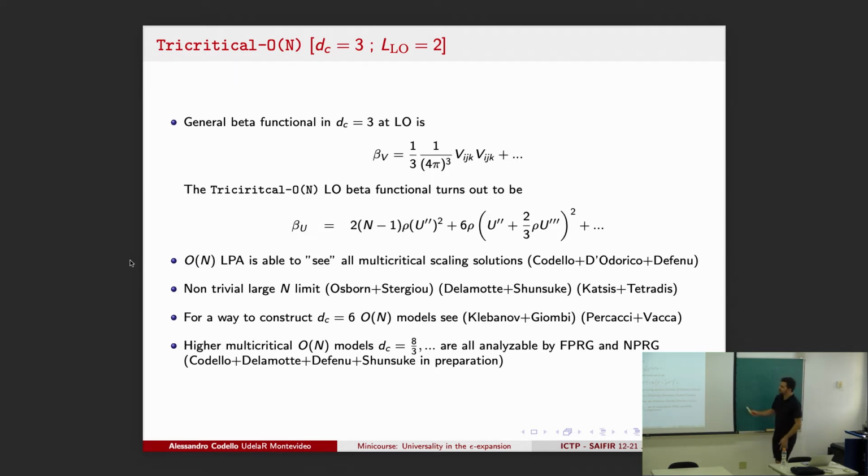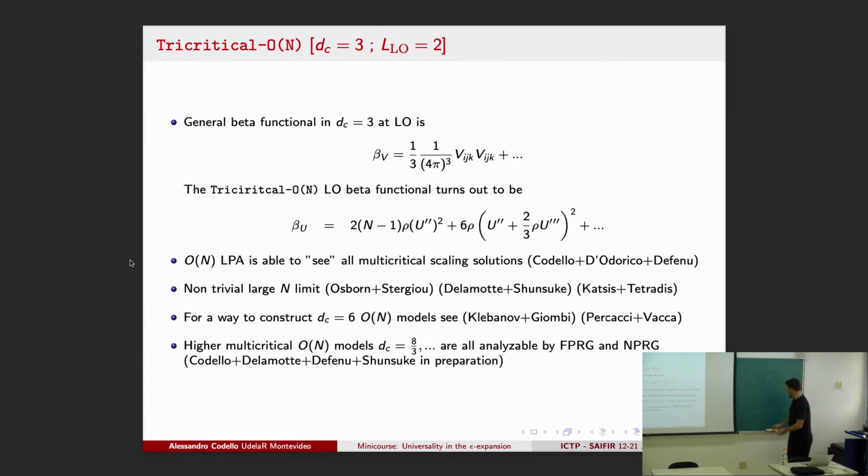So actually, we were able to see this critical version of the ON model, exactly like I explained yesterday, with the non-perturbative RG. We were able to see the multicritical models. And this is a tool that allows us to control the system away from the upper critical dimension. And in particular, this is interesting because for the ON model, the non-perturbative RG should be able to encapsulate the Mermin-Wagner theorem. And in fact, you see that the fixed point exists.